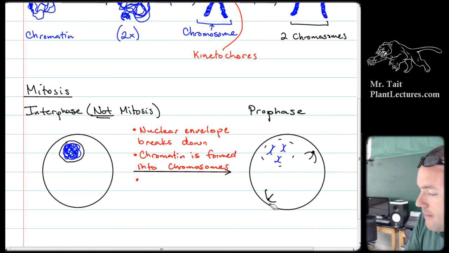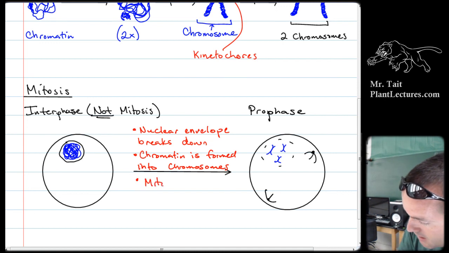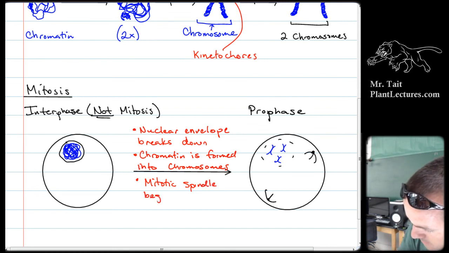And the last thing that happens is over here on the corners, you can see these two things have started to appear. These things are called the mitotic spindle, or sometimes the spindle apparatus, and they're mostly made out of microtubules. It's part of the cytoskeleton. So we can say that the mitotic spindle begins to form.